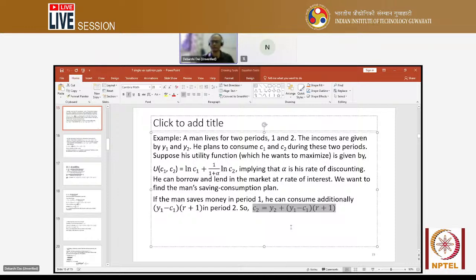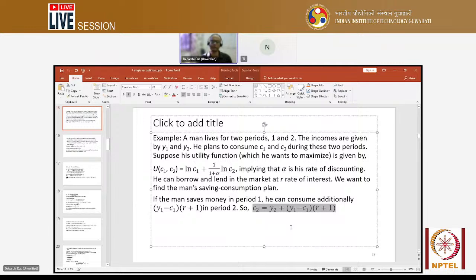Budget constraint means what you can consume given your income. Here the trick is that the man is comparing between 2 periods, and in these 2 periods his incomes are Y1 and Y2, and his consumption from that income is C1 and C2.